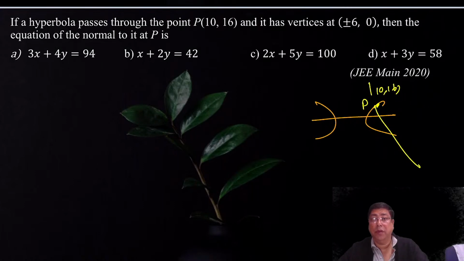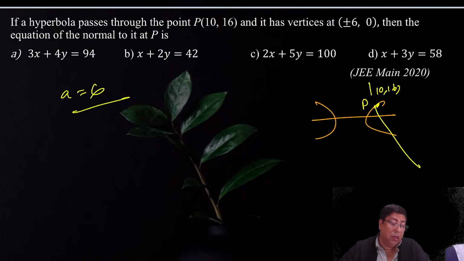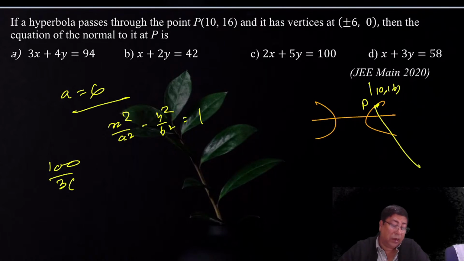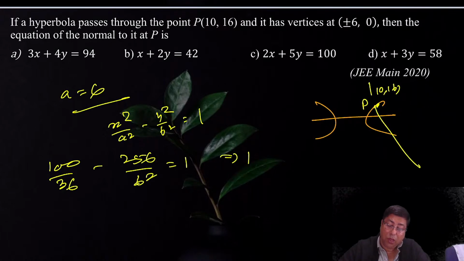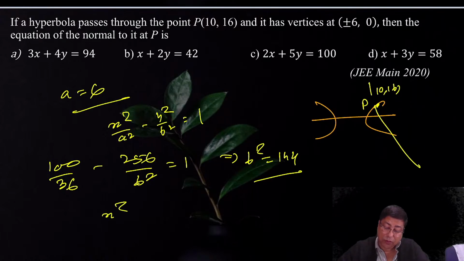Very basic sum, everybody. Therefore, the vertices are plus minus 6, 0 and A equal to 6 here. Therefore the hyperbola is x square by a square minus y square by b square equal to 1. Since the hyperbola passes through the point P, therefore 100 by 36 minus 256 by b square equal to 1. So b square equal to 144. Therefore the hyperbola is x square by 36 minus y square by 144 equal to 1.